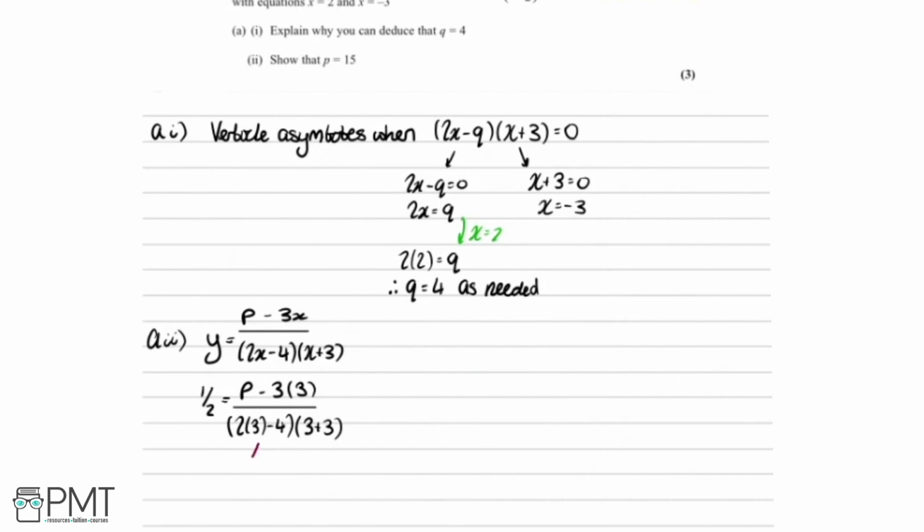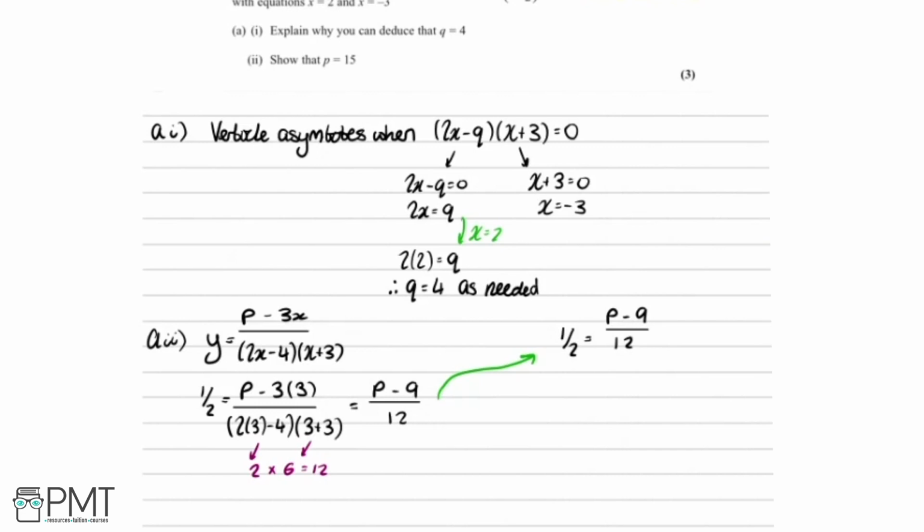Evaluating these brackets, 3 times 2 is 6 minus 4, so we get 2, and the other bracket is 6, so 2 times 6 equals 12. If I rewrite that, we get p minus 9 all over 12. So far we've got that a half equals (p minus 9) all over 12.